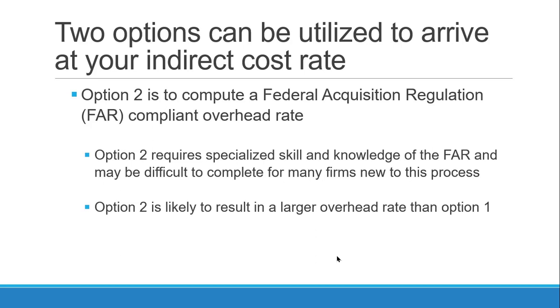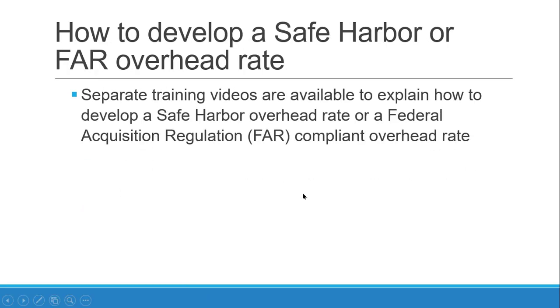However, option two is likely to result in a larger overhead rate than option one, that being the safe harbor rate. How to develop a safe harbor or a FAR overhead rate. Separate training videos are available to explain how to develop a safe harbor overhead rate or a federal acquisition regulation compliant overhead rate.